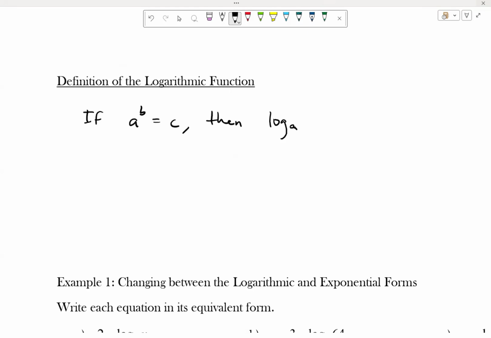So I'm just going to tell you straight away. This is going to be log base a of c equals b. This is by definition.